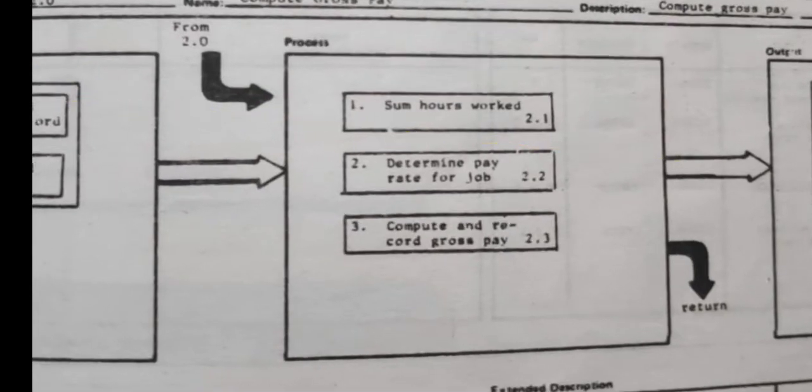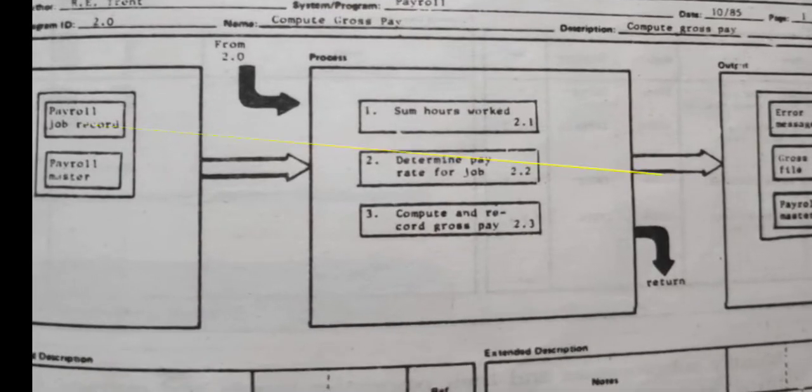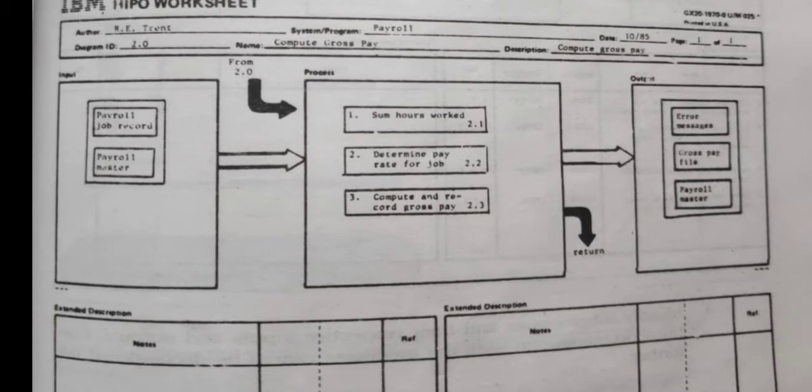Over here this is the data flow, like how the input from the payroll, job record and the payroll master goes through the processing and then gives the output.